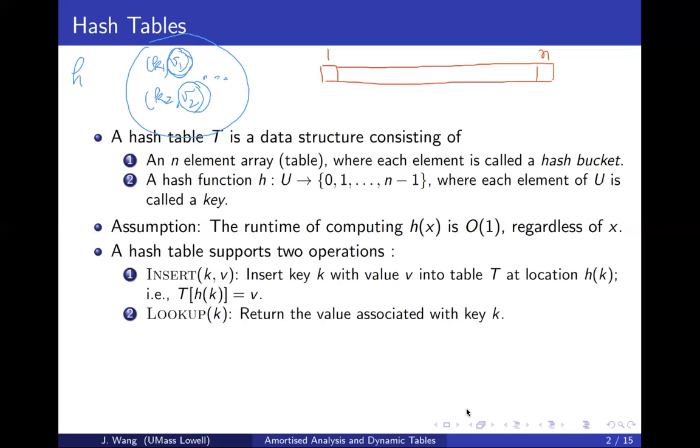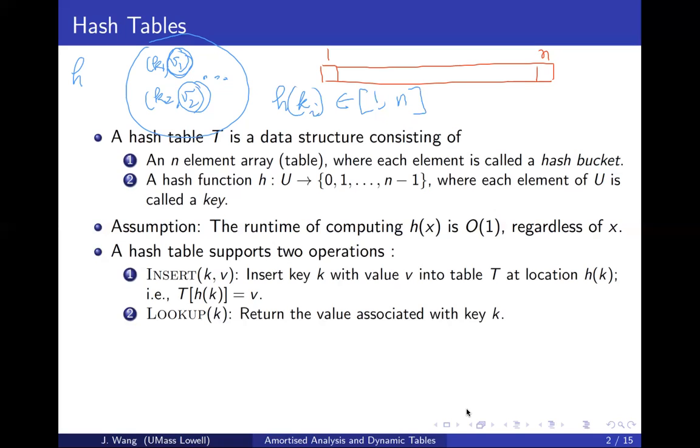So these keys ki are not in the range of 1 to n. They could be from a different universe. So what you want is to hash these values so that each is in the range from 1 to n.